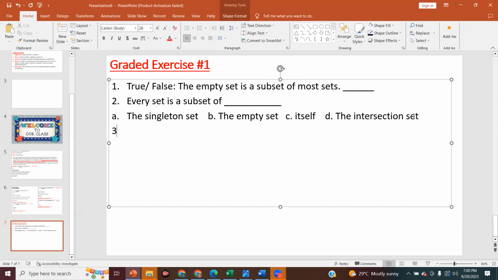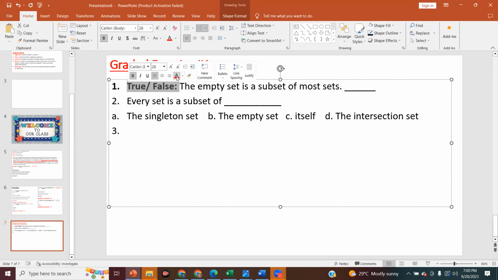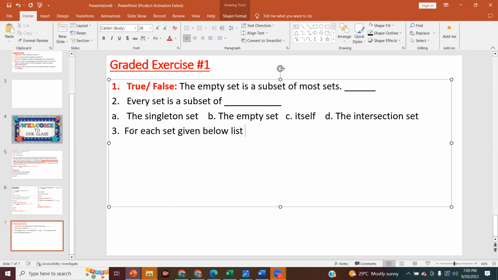Number 3. For each set given below, list all of its subsets and state the number of subsets each set has.